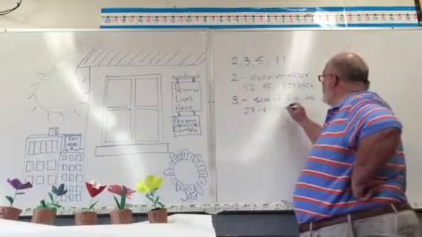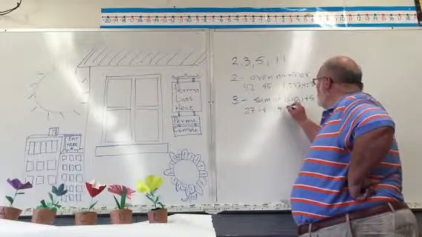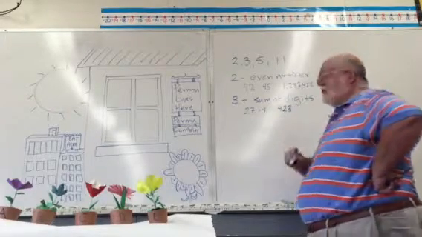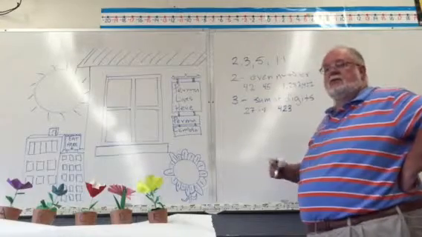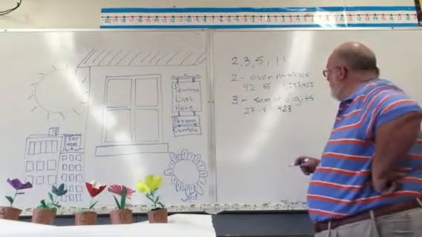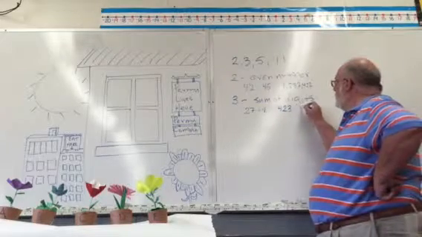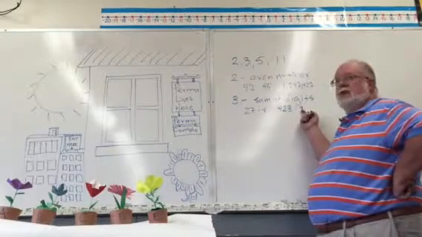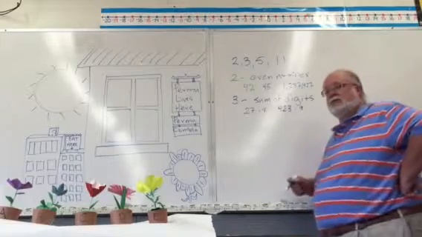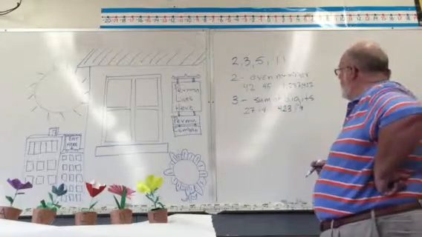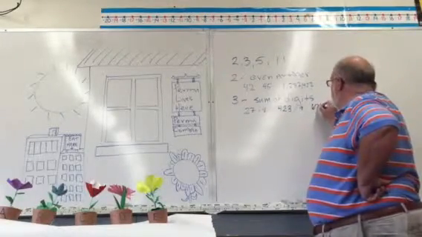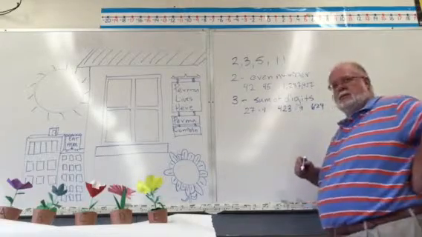How about something a little tougher? How about 423? Can we figure out very quickly if 3 goes into that number? Well, 4 plus 2 is 6, plus 3 is 9. So 3 goes into 9, and 3 goes into 423. How about 629?